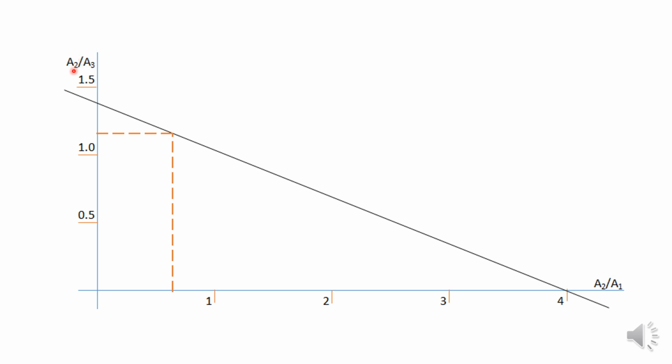You want the diagonal to be smaller than the cross-sectional area at this side, so you want this ratio to be a little greater than 1. So you can pick a point about here which gives a value a2 over a3 greater than 1, so a2 greater than a3, and a2 over a1 less than 1, so a2 would be less than a1.